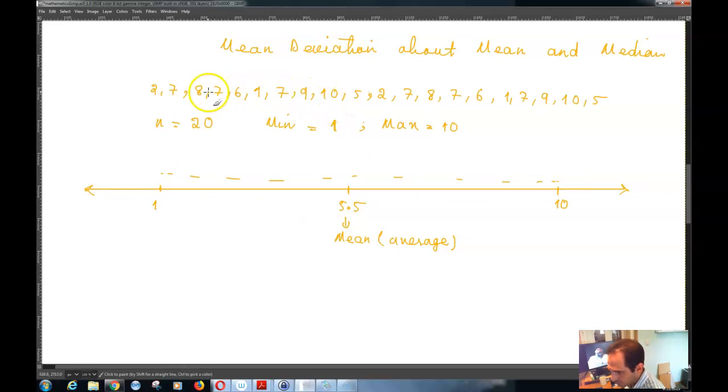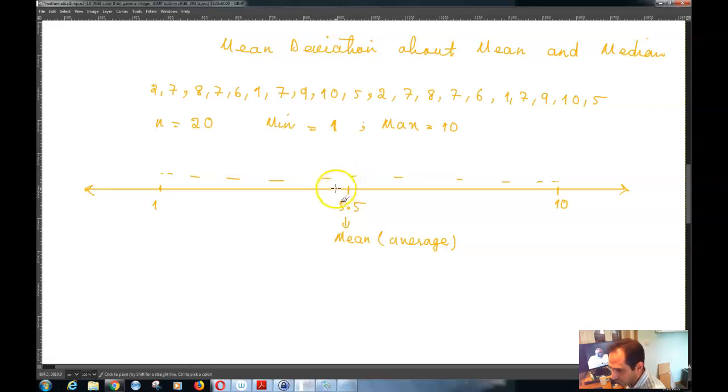You could have one set of observations where the mean is 5.5 and the range goes from 1 to 10, and then another separate set of observations that goes from, for example, 5 to 6, which could have the exact same mean, 5.5.